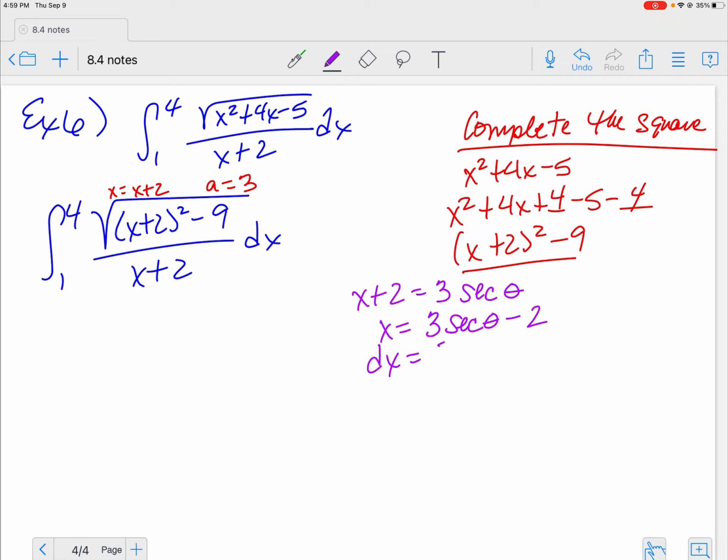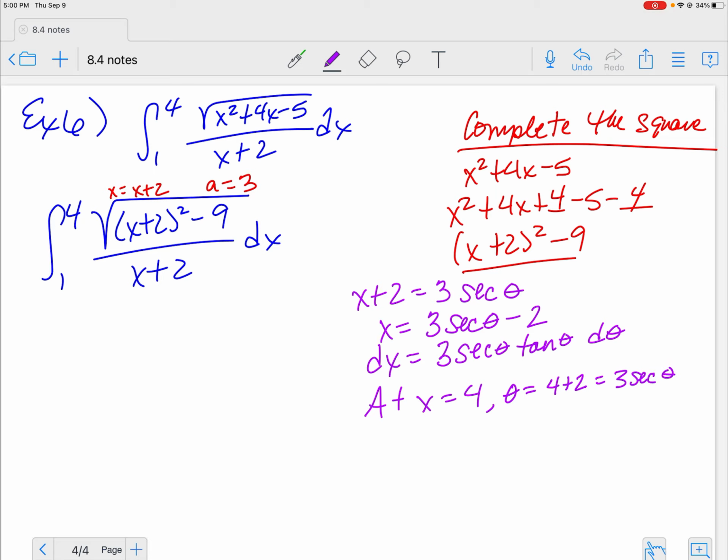So the derivative of that would be 3 secant theta tangent theta d theta, because the derivative of the constant minus 2 is just a 0. And now you plug it all in. Wait. We have to change our bounds. It's a definite integral, right? So at x is equal to 4, 4 plus 2 is equal to 3 secant theta.